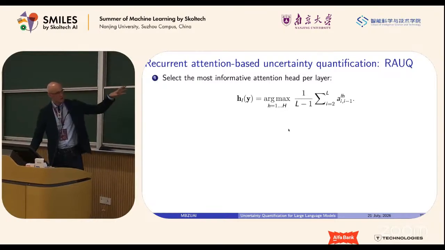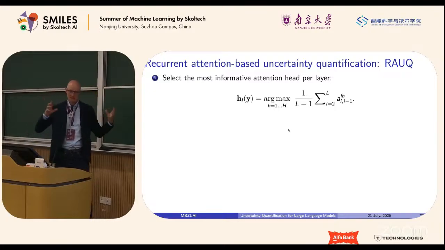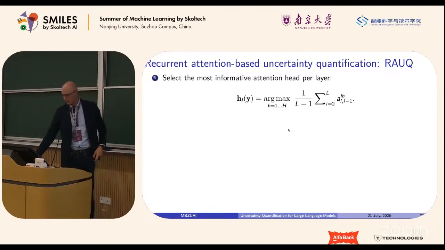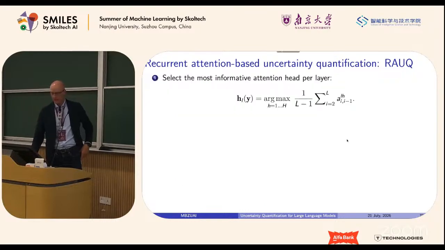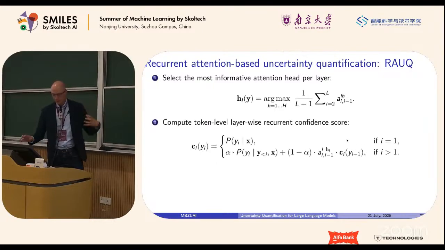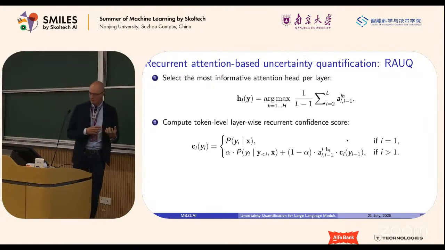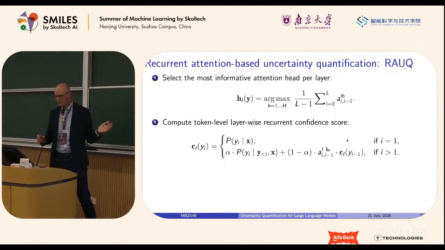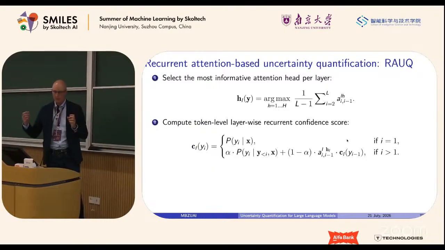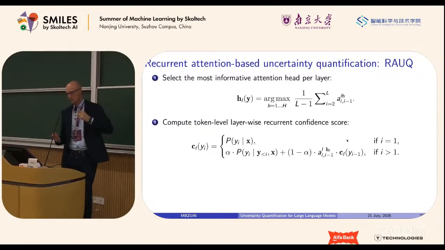What we do, we search for attention heads with the most contrastive signal. We try to find the attention head with the most informative behavior for hallucination detection, in a completely unsupervised way. Then we compute a recurrent layer-wise confidence score, which integrates the confidence estimate at the current generation step plus the confidence that comes from the previously generated tokens.